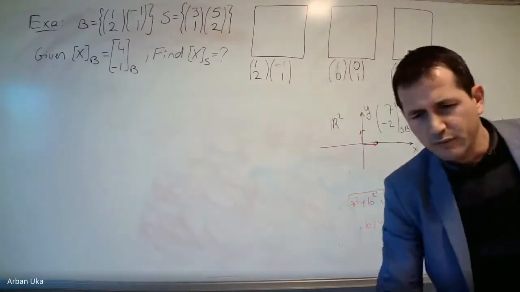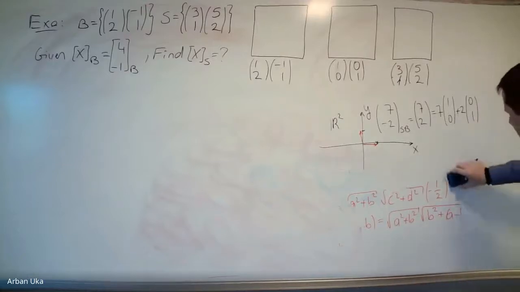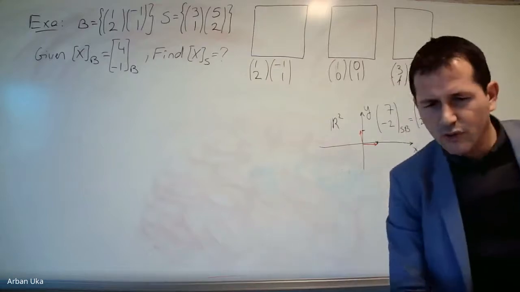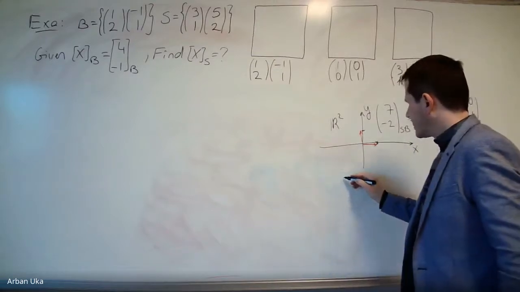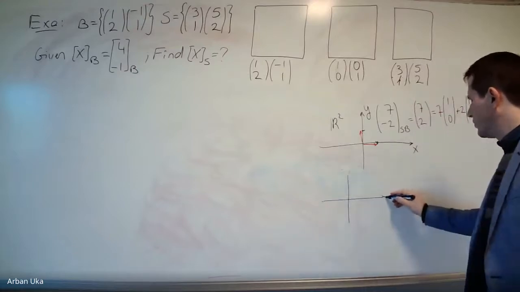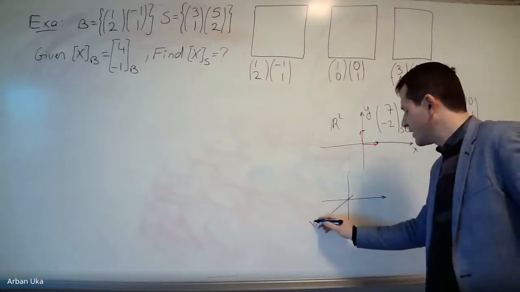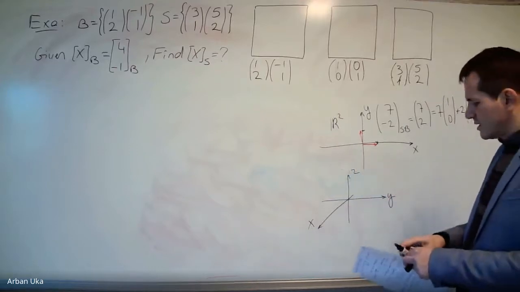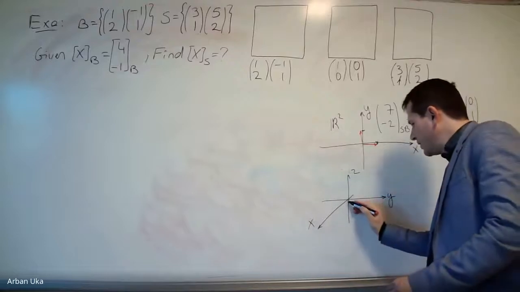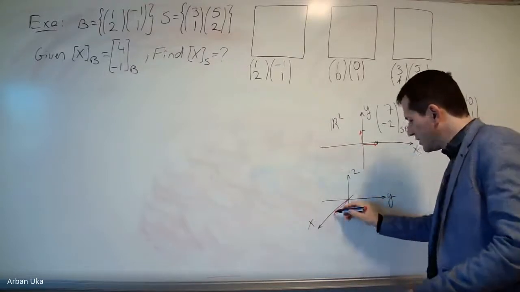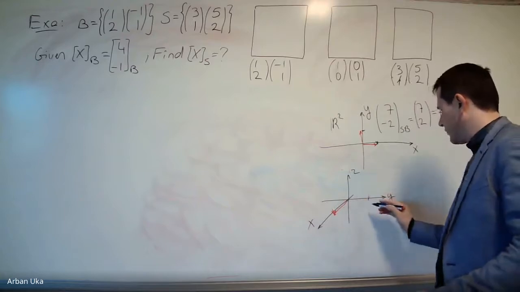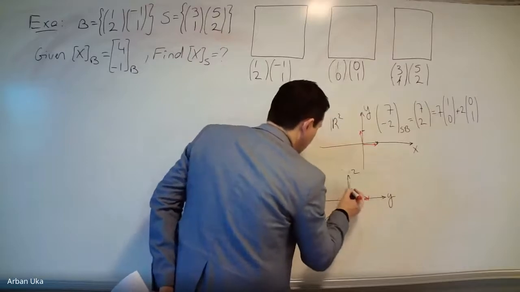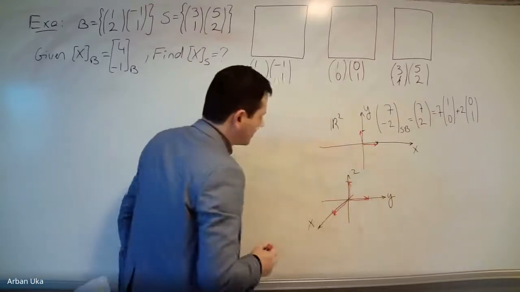If we have R cube, if you want the three-dimensional space, if you want to describe any point in your room or in the classroom, then we can select the three-dimensional space, which is going to be the following. Here we can have the X, this would be the Y, and this would be the Z. In this case, the standard basis is going to be this vector of length 1, this vector of length 1, and this vector of length 1, okay?